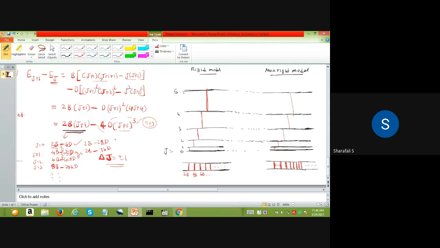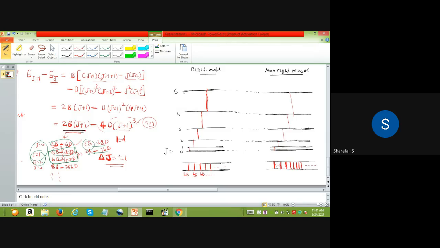Initially, the difference between the first two spectral lines, that is j equal to 0 and j equal to 1, will be equal to 2b minus 28d. In the next case, j equal to 1 to 2 transition, we have these two values, and the separation is 2b minus 76d.